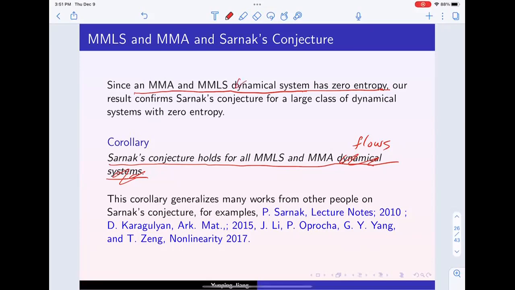That means you can check a large class, which contains the equicontinuous flows, and the Sarnak conjecture still holds on this class of flows.